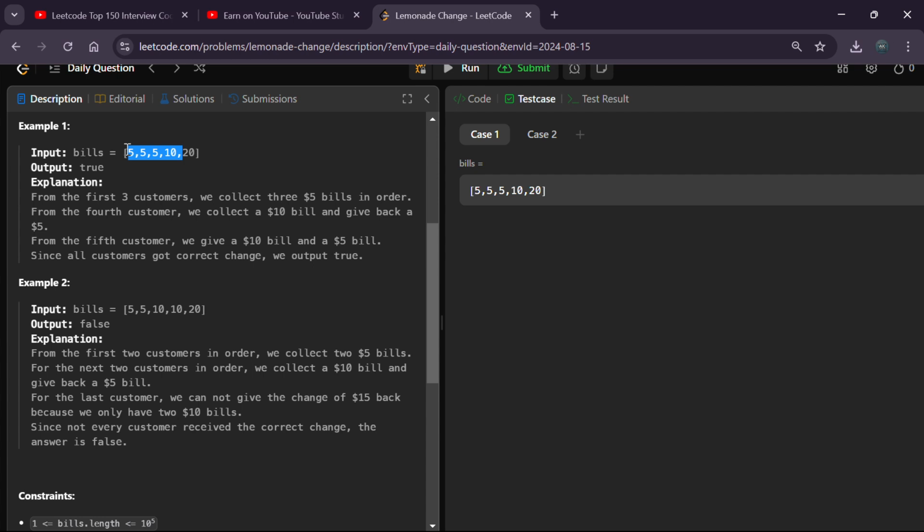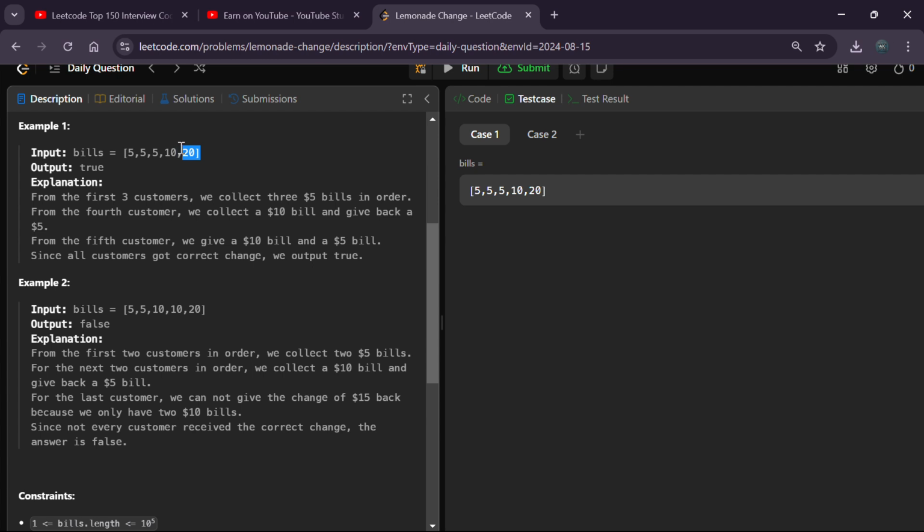Two $5, and we are taking the $10 bill from the fourth customer, right? So up to four transactions, we are left with two $5 bills and one $10 bill, right? I hope you understand. If you don't understand, please revise back 10 seconds or 20 seconds.